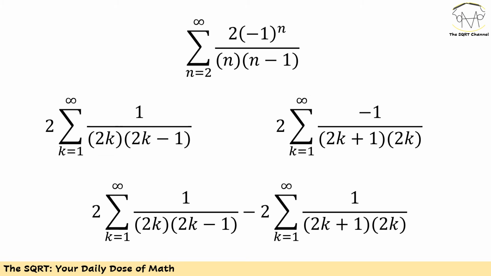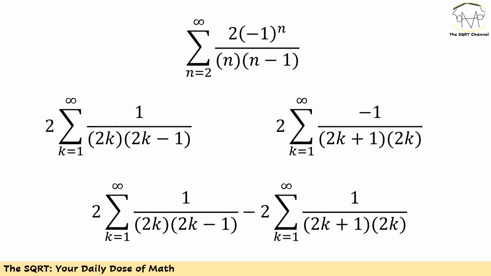The first one is going to represent all even numbers, and the second one is going to represent all odd numbers. Since the first one is for even numbers, negative 1 to the power of n is just 1. On the other hand, for odd numbers, negative 1 to the power of n is negative 1.